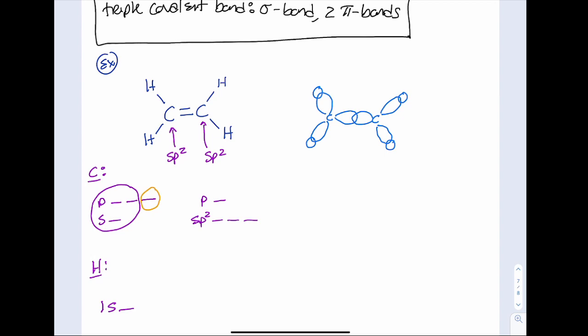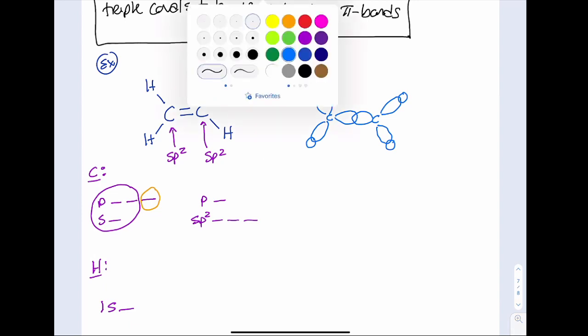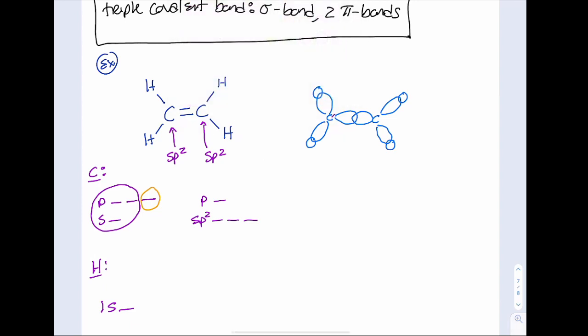So I'm missing my p orbitals. So each carbon also has a p orbital. So I'm going to draw that p orbital on there. And the p orbital actually would be perpendicular to the plane of my sp2 orbitals. So if they're flat, right, if nothing's coming out, nothing's going back, then one half of this would be coming out, and then the other half would be going back.